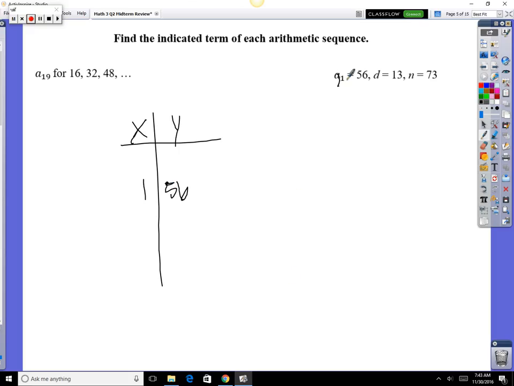So we got that. N is the end one, so they want to end at 73. It's ending on 73. So here we go.